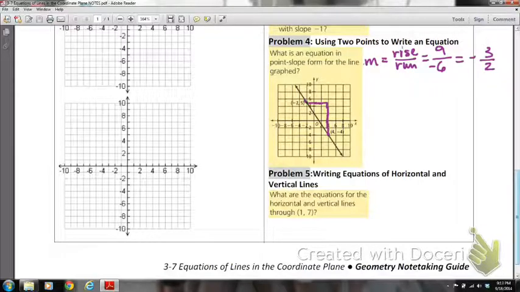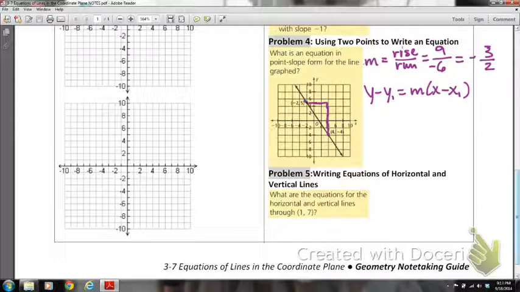So let's look at how to write this equation with the point slope form. The easiest equation to use when you know the slope of the line and one point is the point slope form of the line. So y minus y1 is equal to m times x minus x1 is the point slope form. Let's use the first point, negative 2 comma 5.